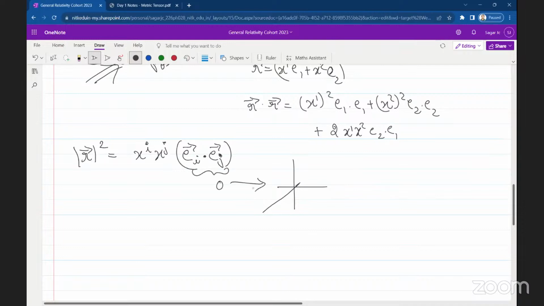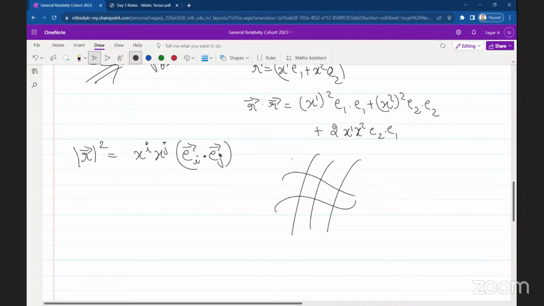But there can be coordinate systems which need not be orthogonal, like curvilinear coordinates or some curved space, where it need not be 0 always. So in that case, this will not be 0, and that is why we can't just neglect it.